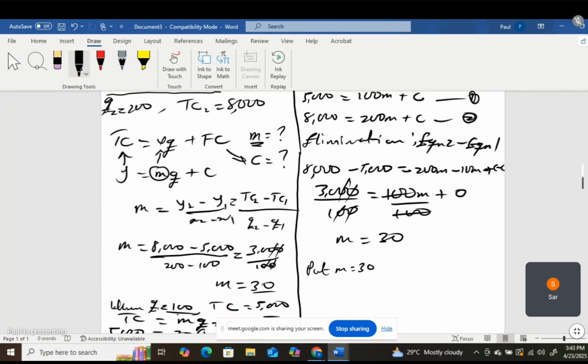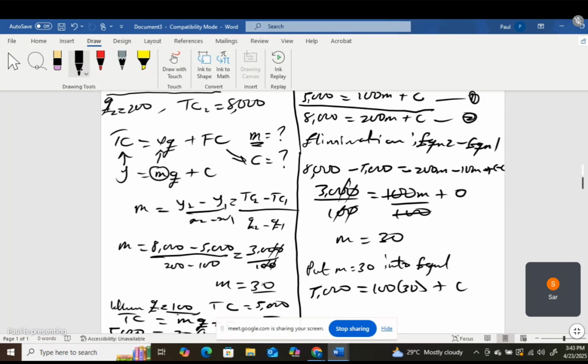Then we put M, which is 30, into maybe equation 1. You know equation 1 is 5,000 being equal to 100M plus C. So M now is 30.